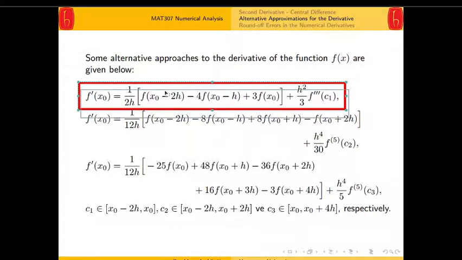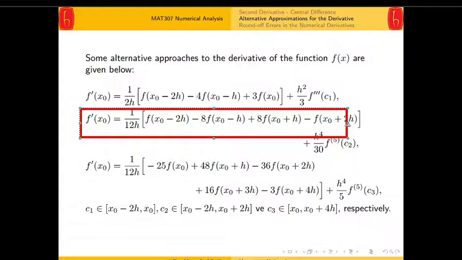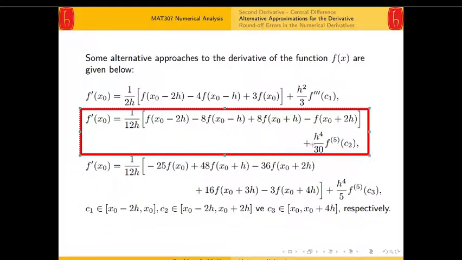If we use this formulation for the first derivative, this will give us fourth order of accuracy. So we have h to the 4 for the error. These are the error terms, this and that. This part will correspond to the approximation, and this part will be the error.